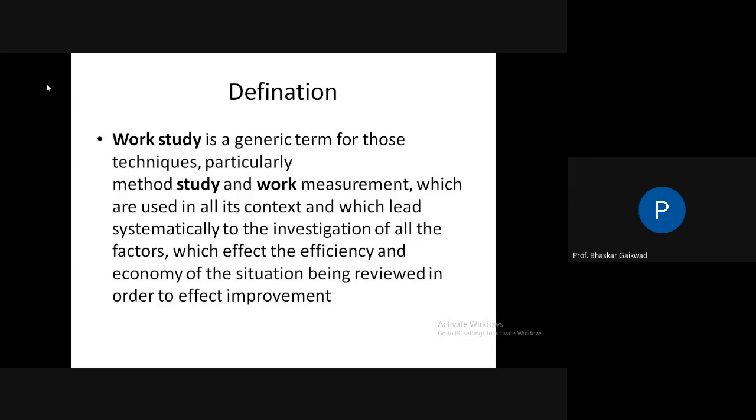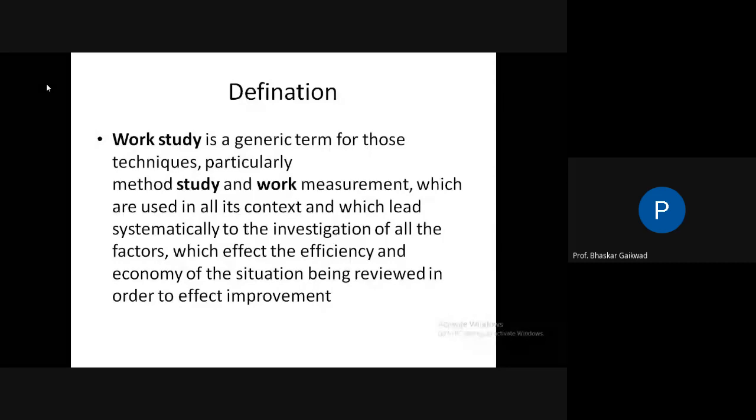Yesterday I gave many examples. Suppose a casting process is there, and a few years back they used to pour the molten metal from the furnace to the molds manually. Nowadays there is mechanization and modernization. The change in this method is taking place, and definitely the productivity will increase.